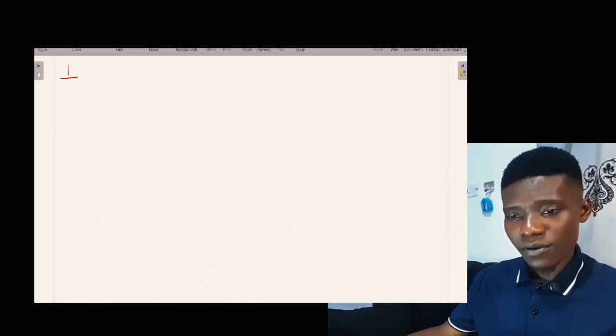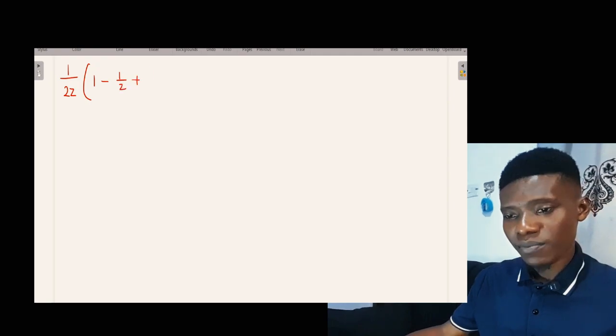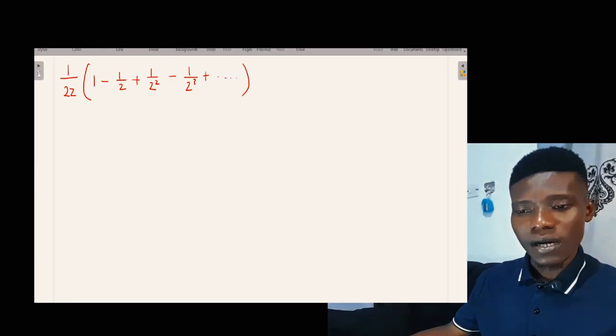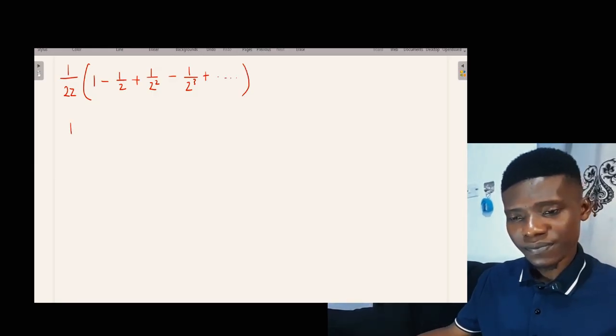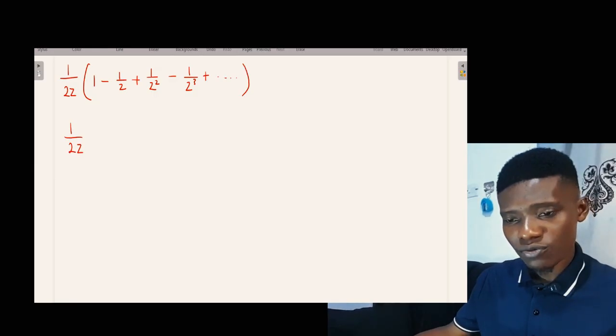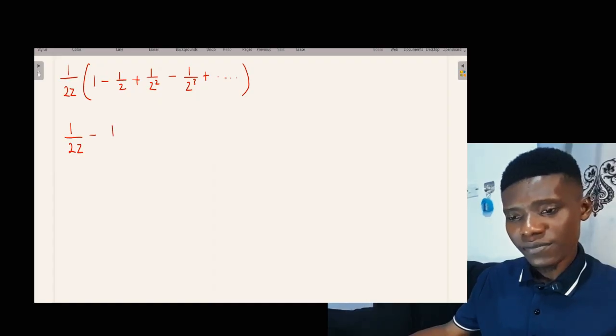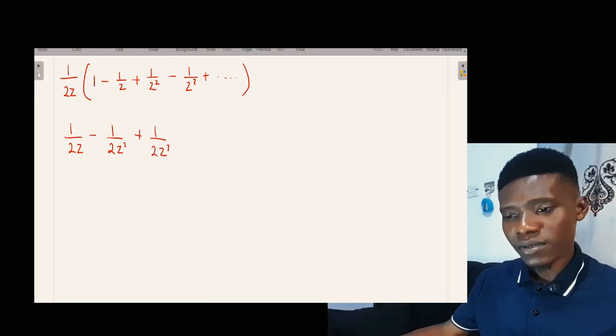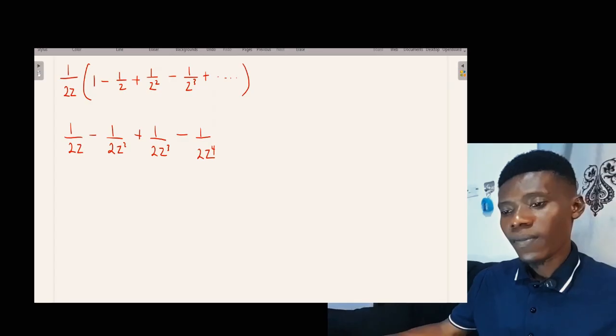When you do that, you have 1 over 2z minus 1 over 2z squared plus 1 over 2z cubed minus 1 over 2z to the power of 4 plus.